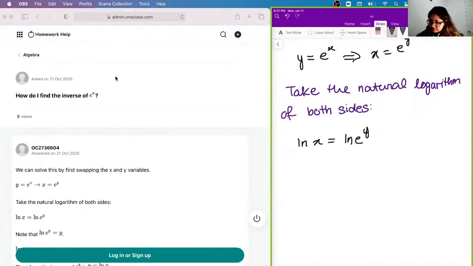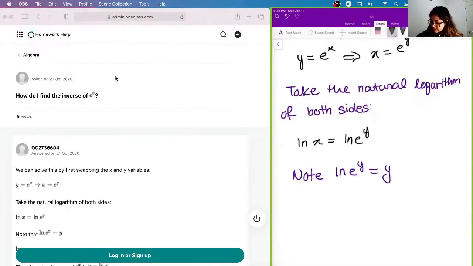Note that since this is ln of e to the power of y, the ln and e basically cancel out. Ln of e to the power y is equal to y, since ln and e are the inverse of each other, so they cancel out.